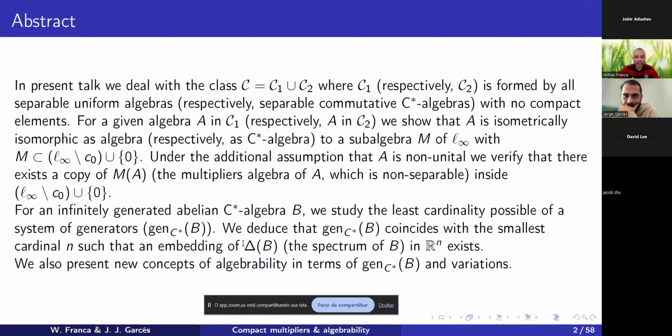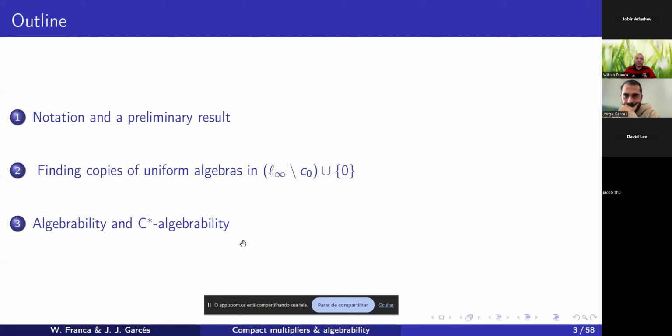So let me start. Essentially, the talk is divided in three parts. We are going to start with notation and the preliminary result. Actually, such preliminary result is the only result of which I'm going to provide the details of the proof, because it is a short proof, and also because such proof is the starting point of our whole investigation.